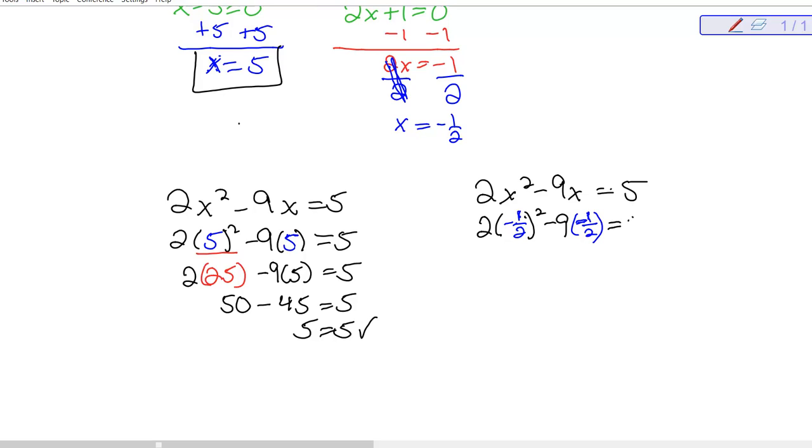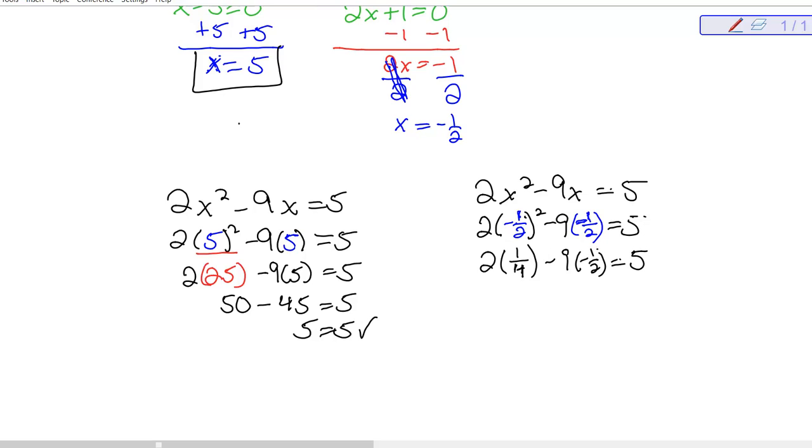And what we're trying to do is see if that equals 5. So a negative 1/2 squared is like saying negative times negative gives me a positive. 1 times 1 is 1. 2 times 2 is 4. So that gives me a positive 1/4. Minus 9 times a negative 1/2. And we're trying to see if that equals 5.